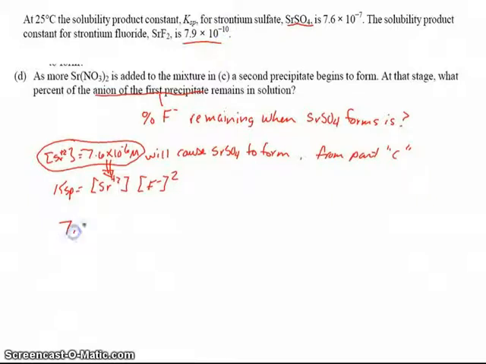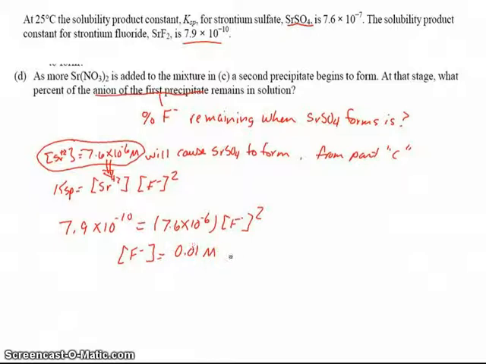So when we are using a Ksp of 7.9 times 10 to the minus 10, and a strontium concentration of 7.6 times 10 to the minus 6th, we can find what F minus is by doing a little algebra. So we're going to solve for F minus, and the concentration of F minus under those conditions is going to be 0.01 molar.